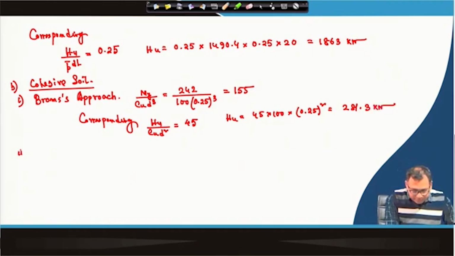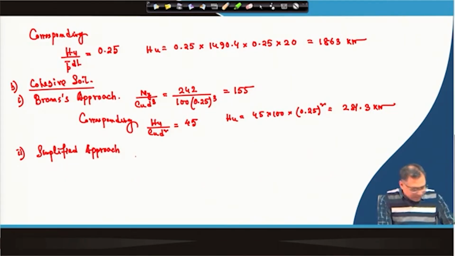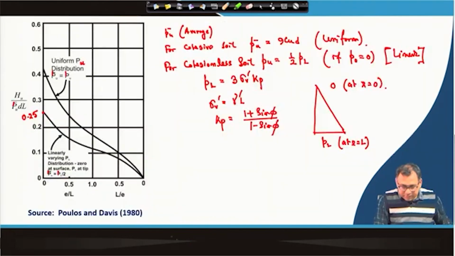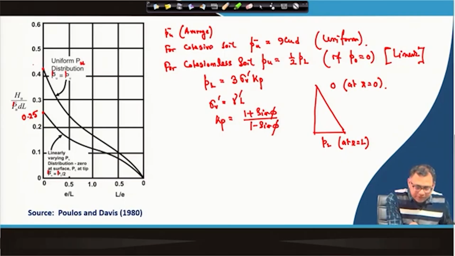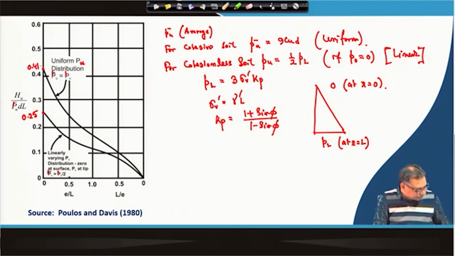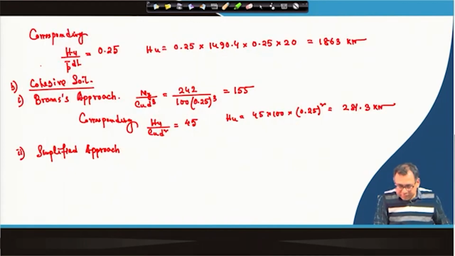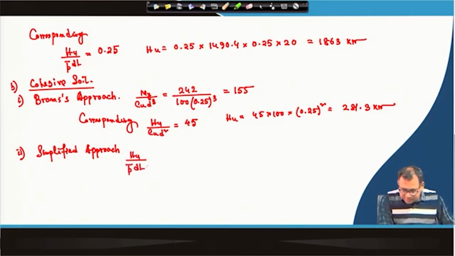Now, by the simplified approach, again, the chart is for uniform, because it is now cohesive soil. For e equal to 0, this value is around 0.41. So, HU by Pu bar d L is equal to 0.41.